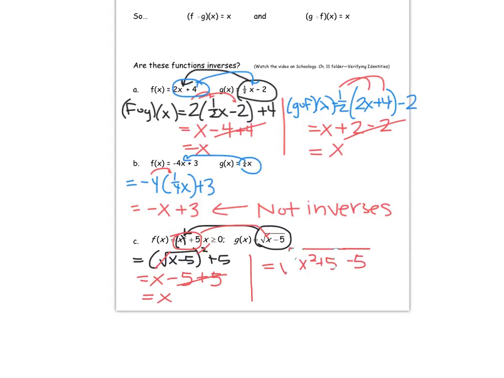Ooh, that kind of messed up my writing though, didn't it? So let's try that again. There we go. The 5 and the negative 5 will cancel each other out, so I'll have the square root of x squared, which cancels itself out. So I'll just have x. So because I was able to cancel out and get x's in both places, I have proved that the original two equations are inverses. If you have questions, please let me know.